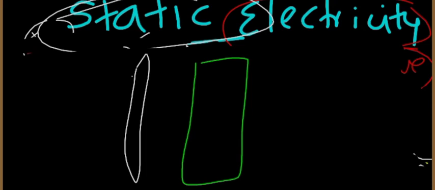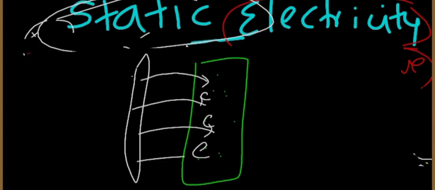When you are rubbing the glass rod on silk, the glass rod loses its electrons. All the electrons will be transferred onto the silk.